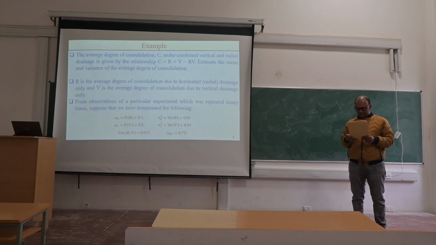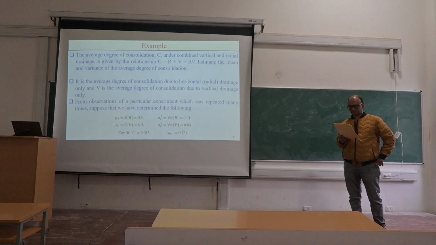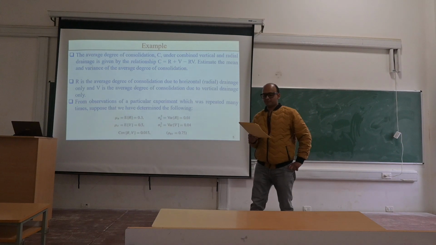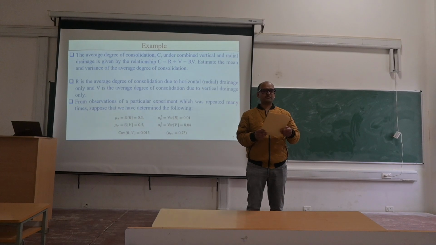See, we have shown the simple formula just above, if you see. But you need to use the second order approximation for the mean value. What you have done is the first order approximation.